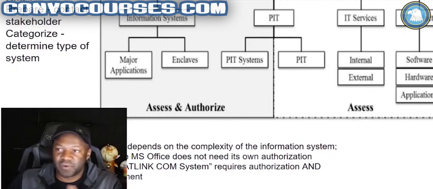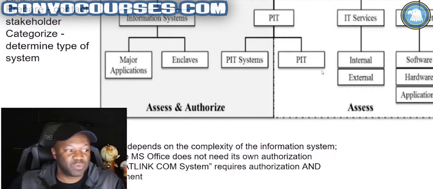Platform IT, as far as I know, doesn't appear in NIST 853, or I could be wrong, in NIST 837. They don't go into detail about a platform IT, but the 8500 series does. And so that's one of the main differences.